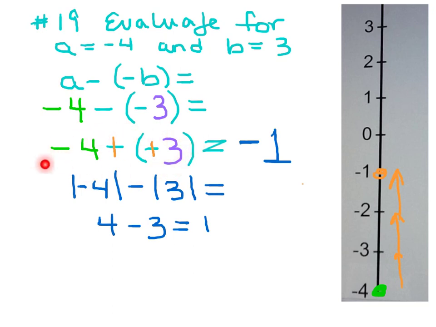I take the sign of the number that has the greater absolute value, so the greater absolute value is negative, so I knew my answer was negative. I subtract their absolute values, and I get -1.